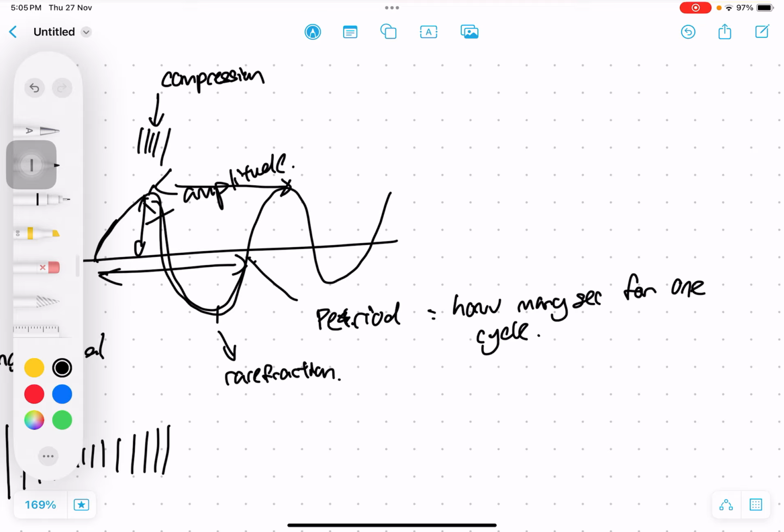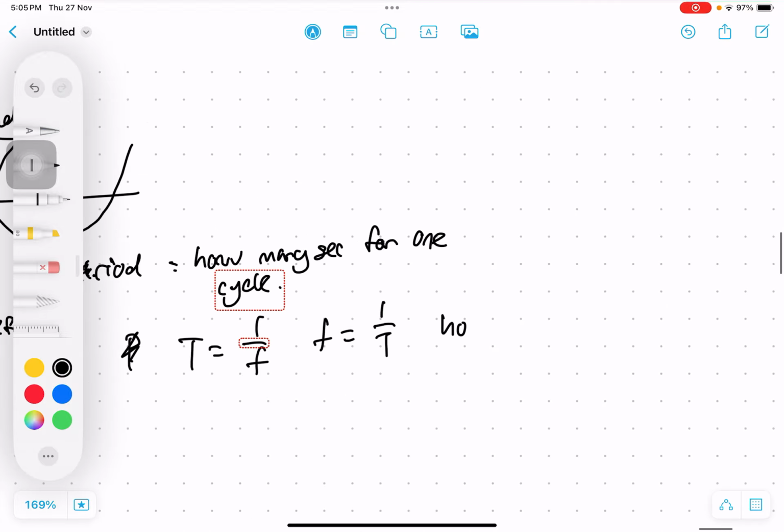And we call it a frequency. f is 1 over T, or T is 1 over f. Okay, it's the same. So frequency is how many cycles per second.